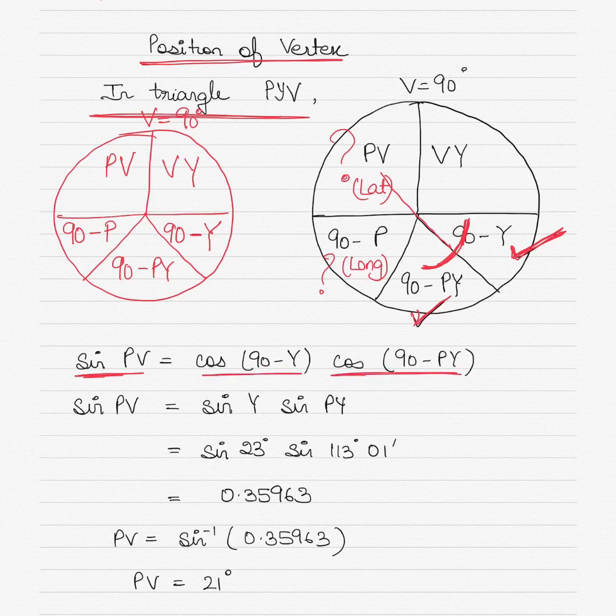This is the Napier's rule. Please watch my video on Napier's rules as well. It's in the description section below if you have forgotten your Napier's rules. Now sine PV equals cos 90 minus any angle, which becomes sine of that angle. So sine Y and sine PY. So remember, cos 90 minus any angle becomes sine of that angle, and sine 90 minus any angle becomes cos of that angle.